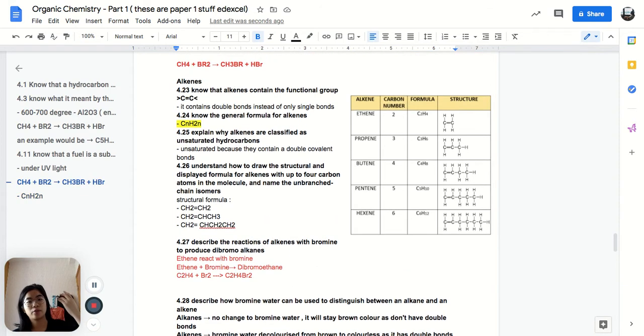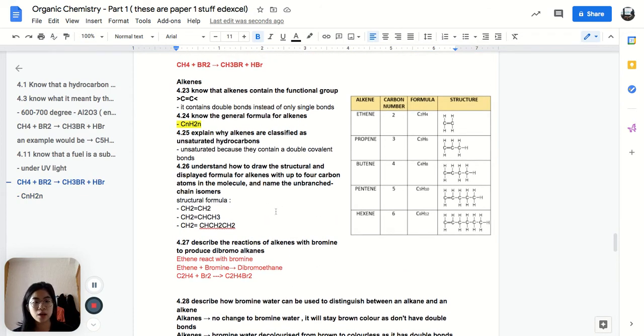So now let's talk about the structural and displayed formulas first. Structural, I just show it here. You don't break the single double bond, okay? So CH2=CH2, this is ethene, and you put a line there, you can see CH2 double bond CH2. And propene, same thing, CH2 double bond CH3.